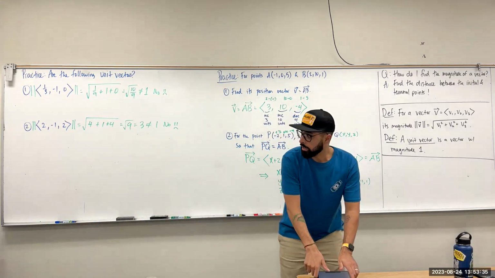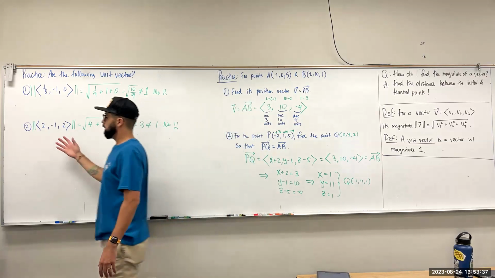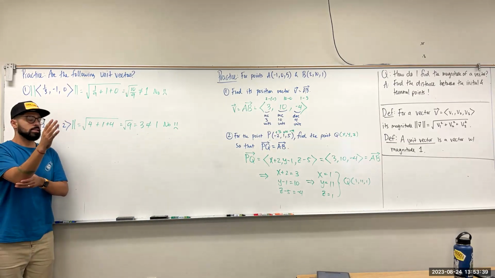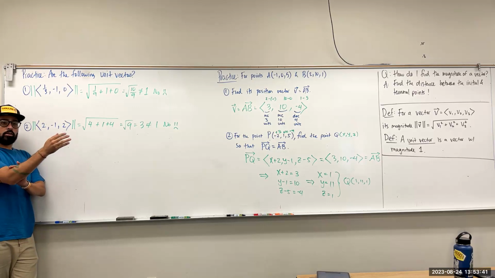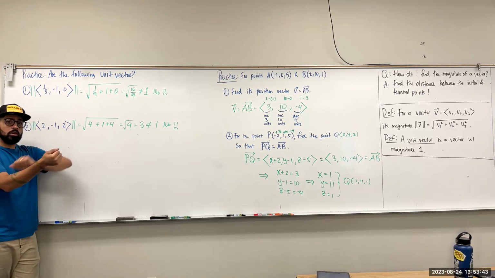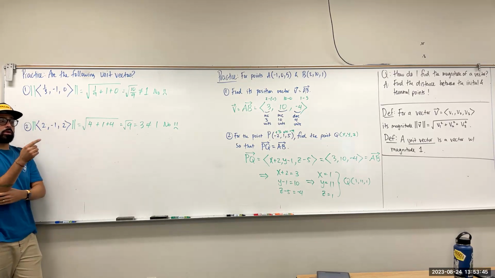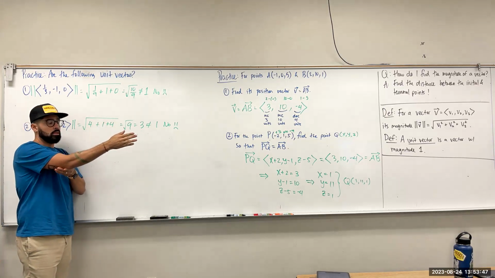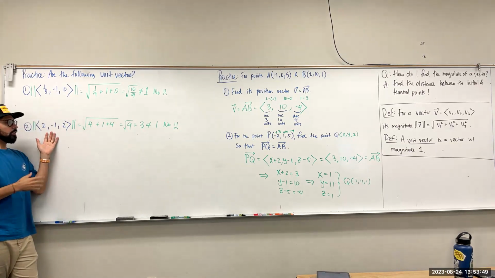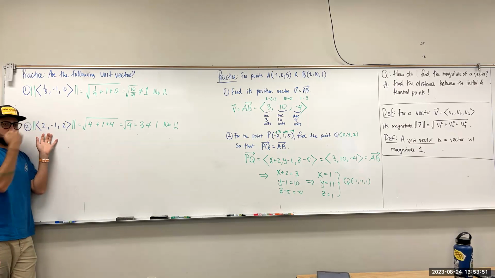So what's going to happen in this class is we're going to play a lot with vectors, and sometimes you don't care about the length of the vector. You don't care about the magnitude. What's important is the way that it's pointing. So we're going to remove its magnitude and make it a unit vector.